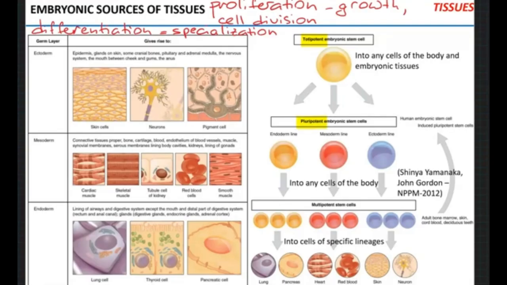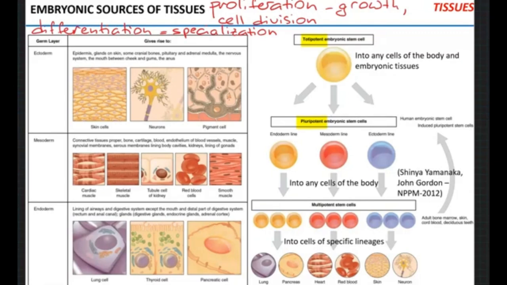So pluri is cognate with the English word plural, which means many, very many. Pluripotent stem cells can become many different tissues, but since they already partially differentiated, their ability to develop into specific tissue is somewhat restricted. Let's take a look at what these cells are.